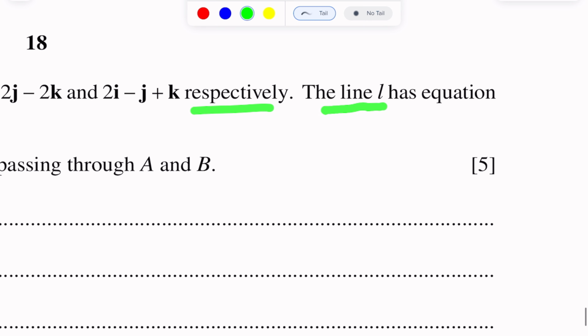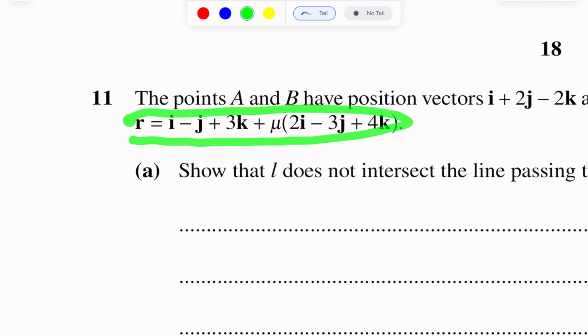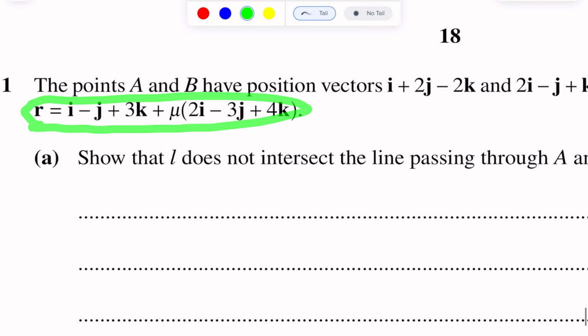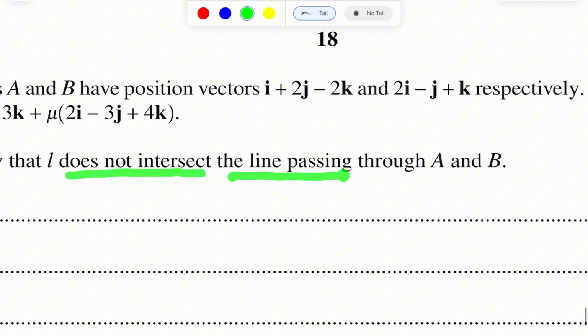The line L has equation r is equal to i minus j plus 3k plus mu into 2i minus 3j plus 4k. This is the vector equation of the line L. Show that line L does not intersect the line passing through A and B.